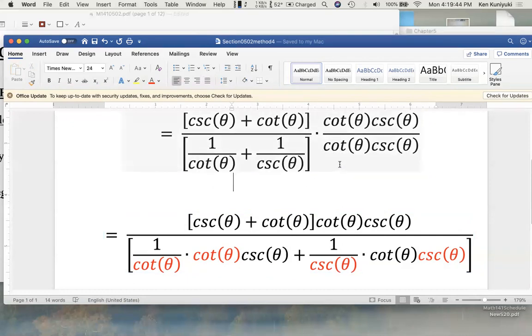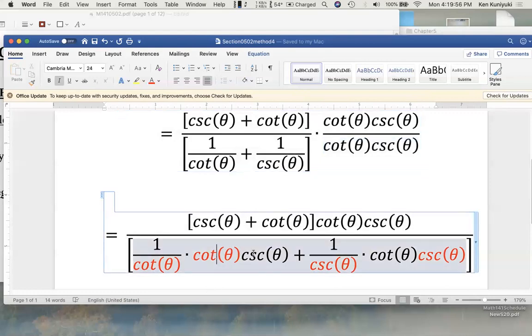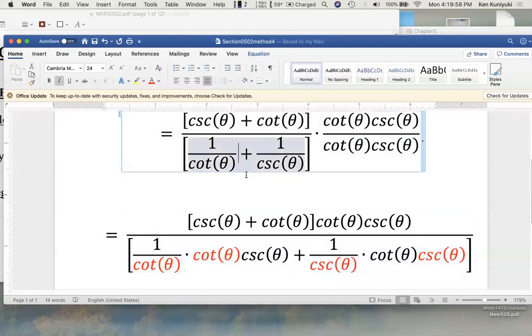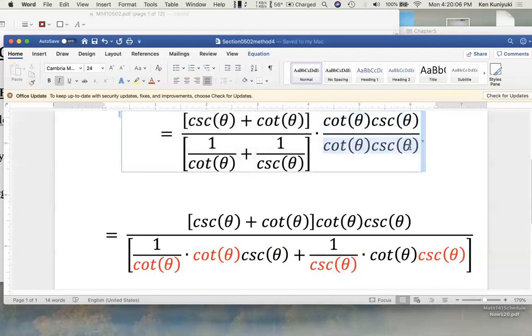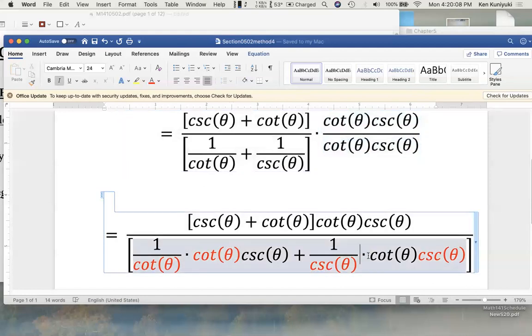Now, when we multiply the bottom of this fraction by cotangent of theta, cosecant of theta, what happens? This fraction, 1 over cotangent of theta, gets hit by cotangent of theta, cosecant of theta, plus sign, this carries over. This fraction, 1 over cosecant of theta, also gets multiplied by cotangent of theta, cosecant of theta.